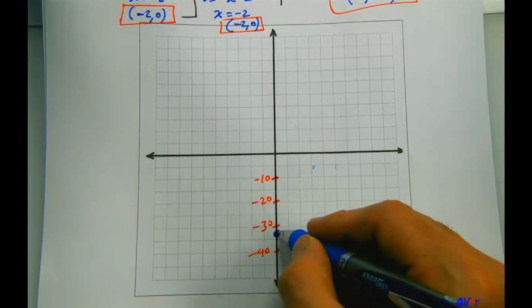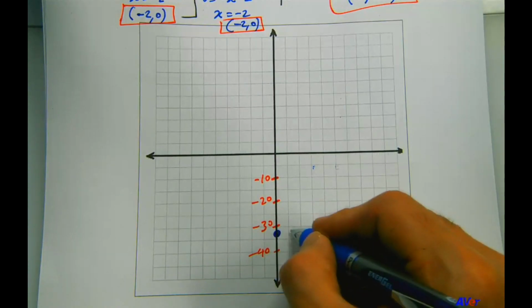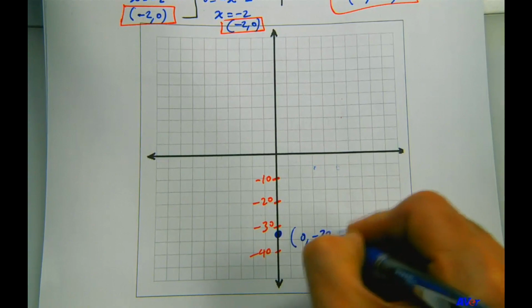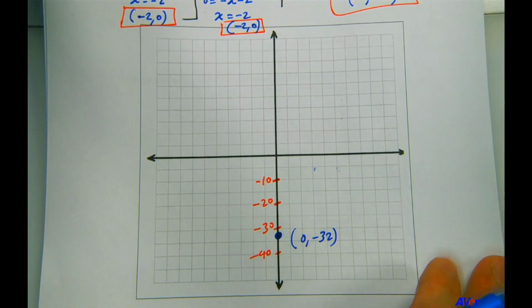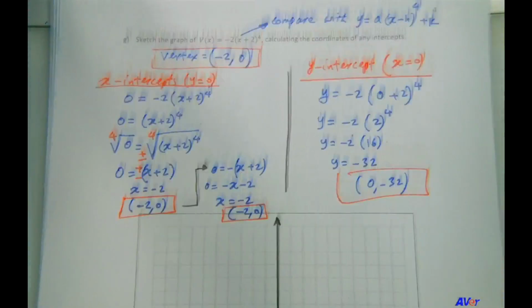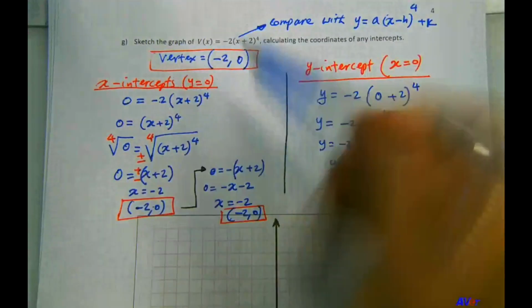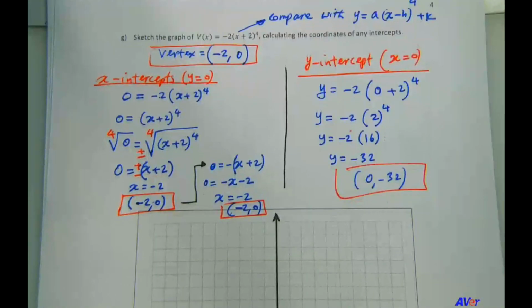That's the y-intercept, so 0 comma negative 32. And then the x-intercept, which is the same thing as the vertex, negative 2 comma 0.